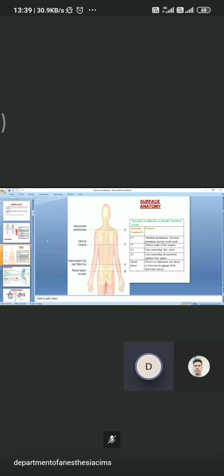In sections we have 10 to 11 sections daily in SIMS, which are mostly carried out by spinal anesthesia. So we should always be familiar with this because in your posting you will be told to judge the effect of the block, whether it is wearing off or not. The next class will be epidural anesthesia.